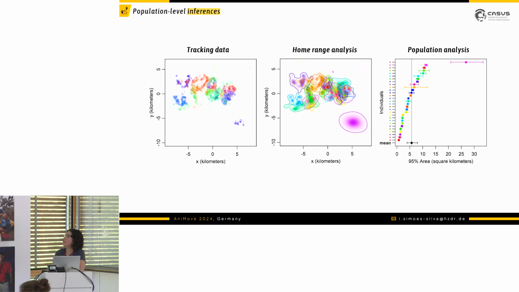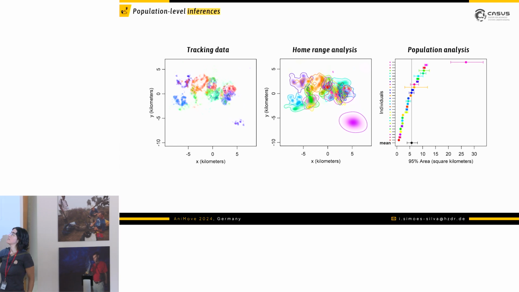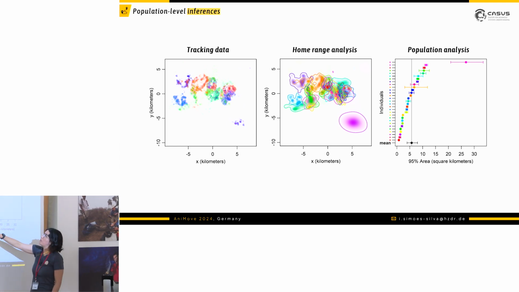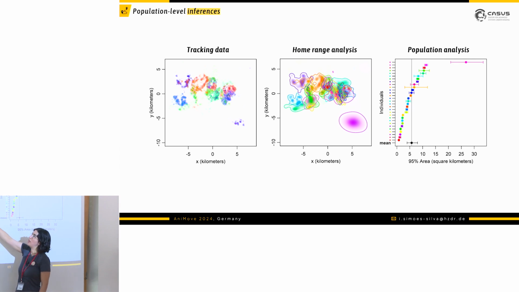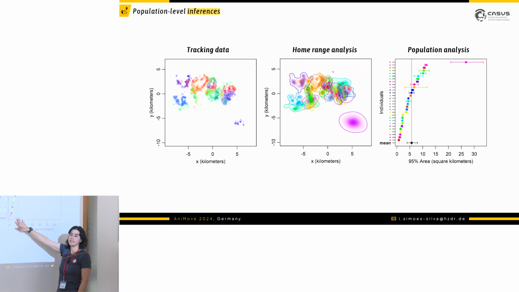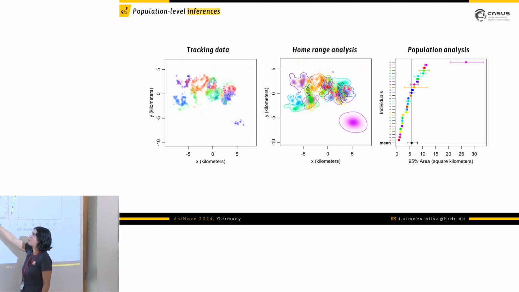So if you have all the different home range estimations from all the different individuals, which are represented here with different colors, then we can propagate the uncertainty from each of those home range estimates into a mean value that accounts for that, instead of just getting the point estimates and doing a mean directly.